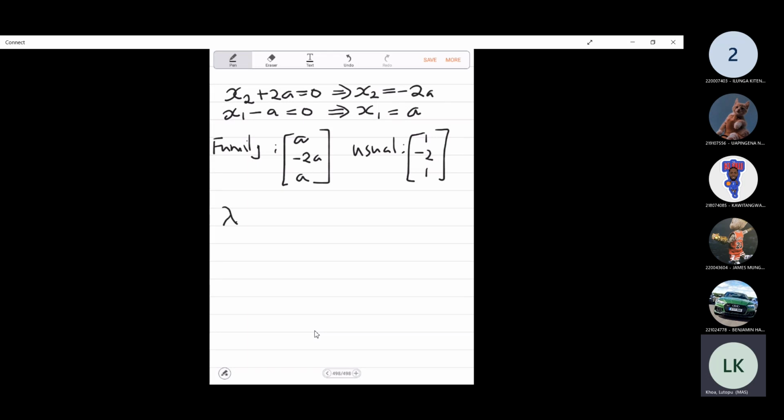Then lambda 2 equal to 2. We have 0, 1, 0, 1, minus 1, 1, 0, 1, 0, 0, 0, 0. Okay, we can make a 0 here, just say row 3 minus row 1.